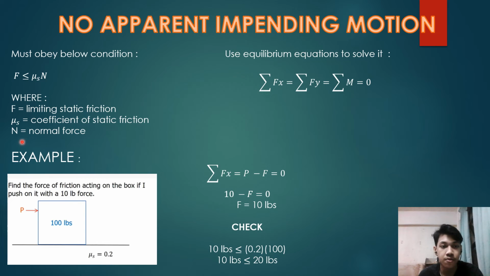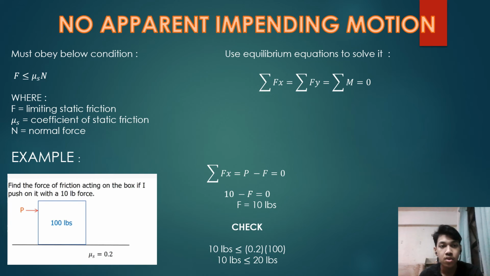So right here we have one example: find the force of friction acting on the box if I push on it with a 10 pounds force. Basically we have the diagram right here, where the coefficient of static friction is 0.2.